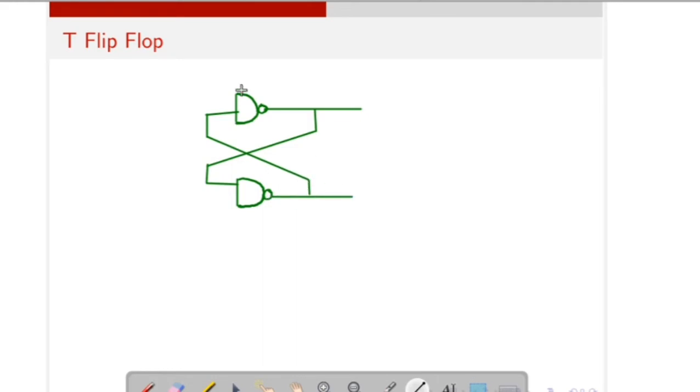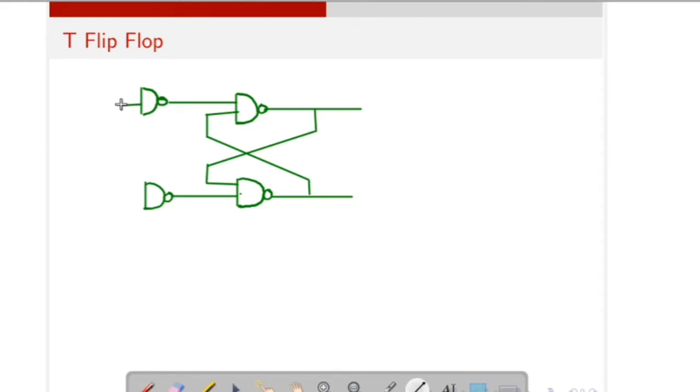Then it is converted to active high SR latch by inverting the inputs. For that again two NAND gates are connected to the input of the active low SR latch. So this is the active high SR latch.